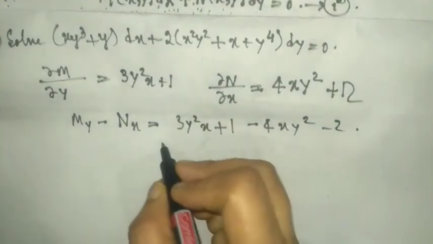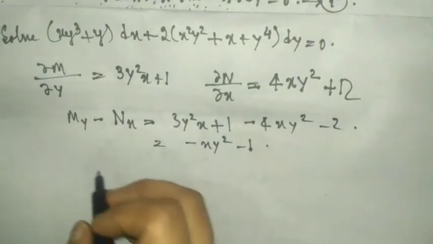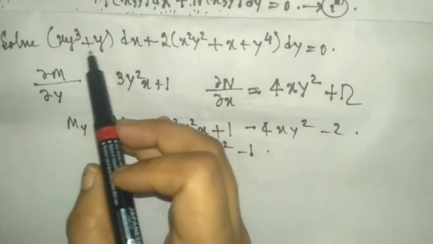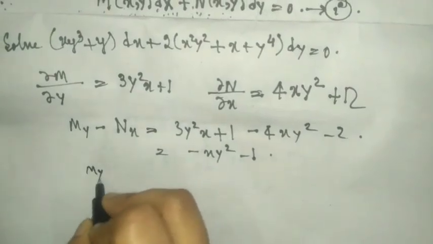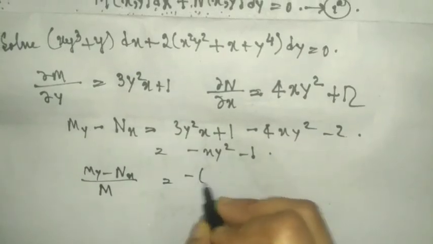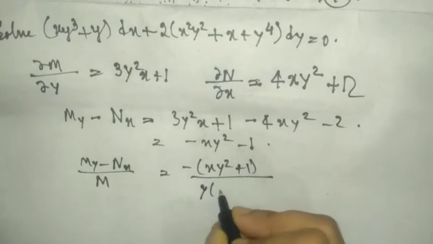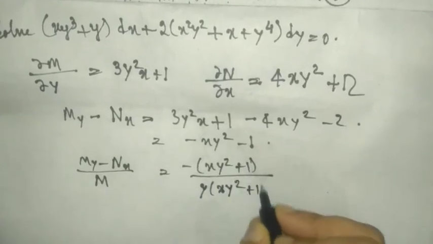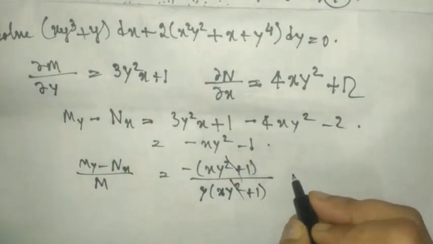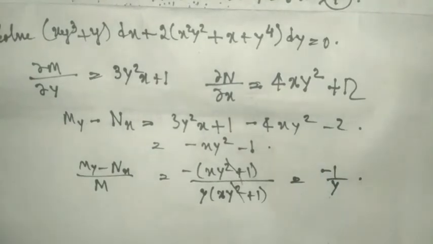So this gives us minus xy square minus 1. Now we can see that this is somewhat similar to M, isn't it? So therefore we will divide this by M, which gives us, if we take y common from here, then this will become xy square plus 1. See, so this both cancels and we are left with what? Minus 1 by y, isn't it?